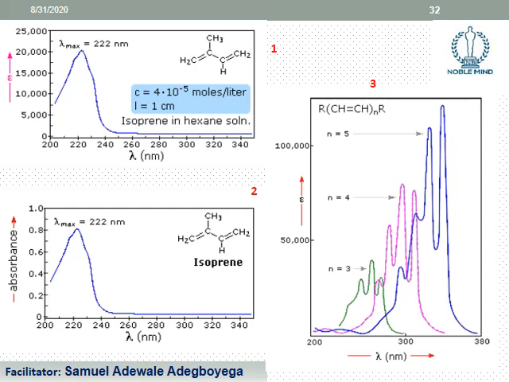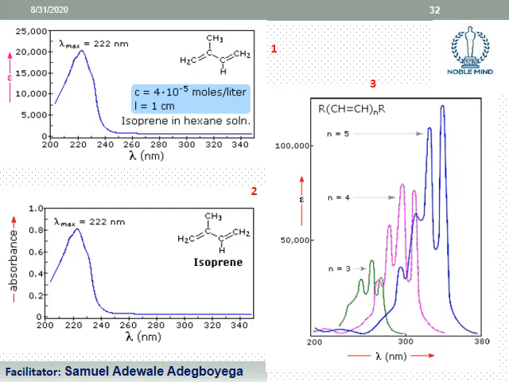The concentration at which they were taken was stated to be 4 times 10⁻⁵ moles per liter, and the path length of the cuvette was stated to be 1 centimeter. So that compound, at the stated concentration, gave a maximum wavelength of 222 nanometers.